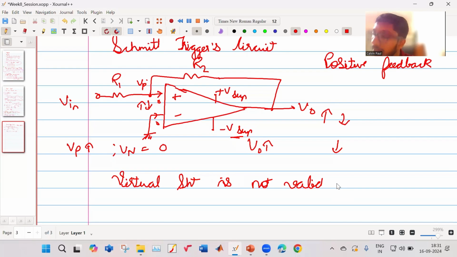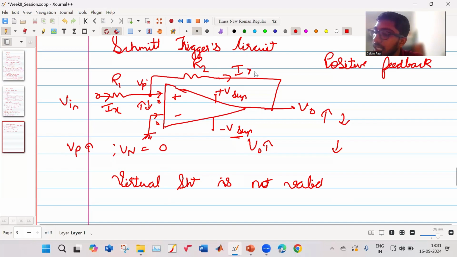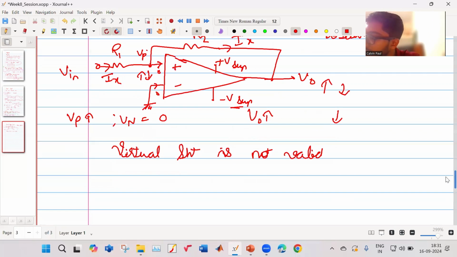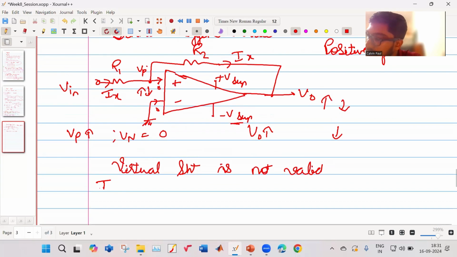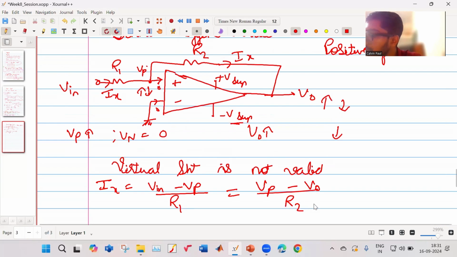So what should we do then? Suppose there's some current here, Ix. No current goes into the terminal, so the same current goes here, that is Ix. So Ix is equal to Vin minus Vp by R1, which is equal to Vp minus V output by R2.